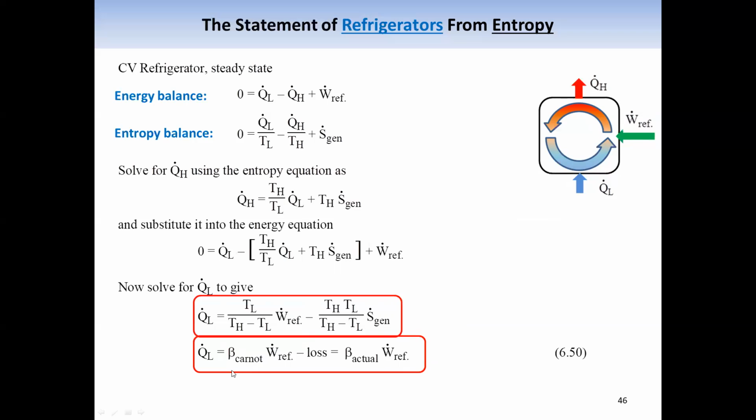Then if we use the definition of COP for the idealized case, Carnot cycle, this portion is the definition of COP for the idealized situation. For an irreversible heat pump with irreversibility that causes work loss, we have a loss term.